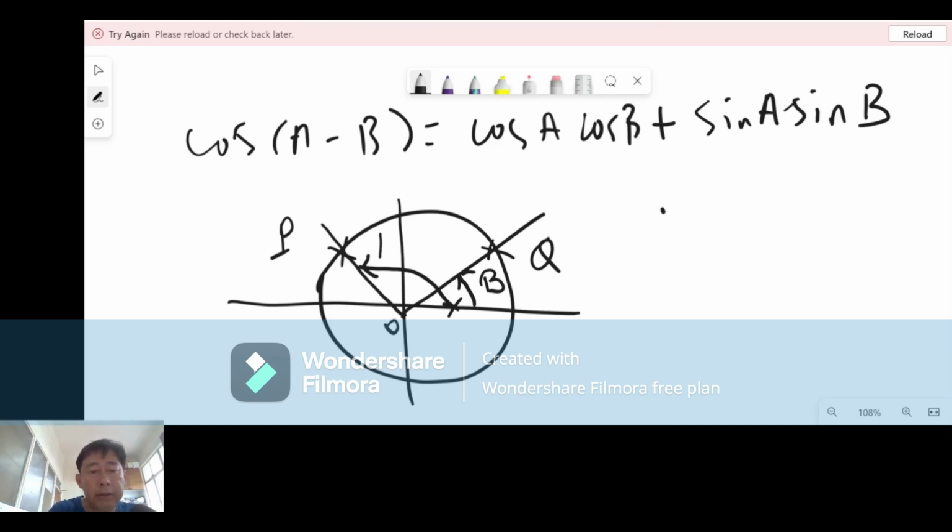So I call this A. Here I'm assuming that A is larger than B, so that the difference between A and B is the angle that I call theta. Let me draw the theta angle to be given by this. So I have a triangle with P, Q, and O, where theta is defined as the difference between angle A minus angle B.